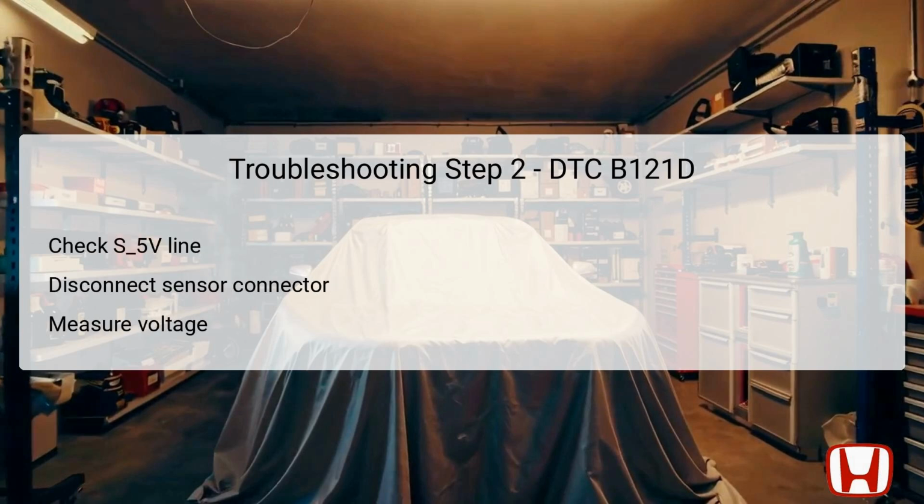In this second step, attention turns to the S5V line, which provides power to the humidity in-car temperature sensor. Begin by turning the ignition switch to the lock position to ensure all electrical systems are off. Next, disconnect the 4P connector from the humidity in-car temperature sensor to isolate it from the circuit.